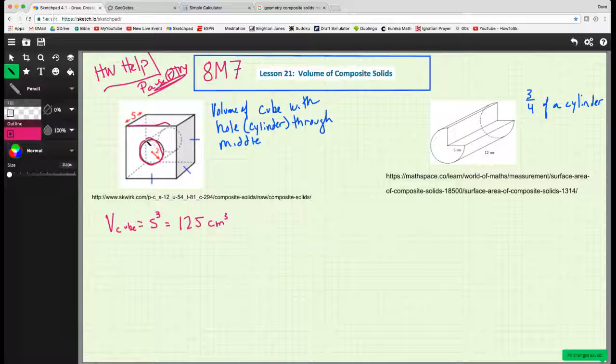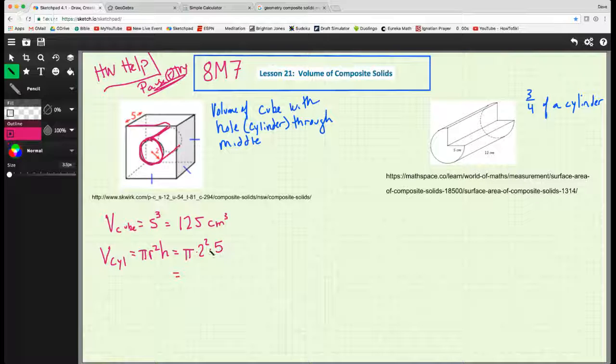And what is the height? The volume of the cylinder is equal to the base times the height, pi r squared h. So this is our base, this circle, and our height is this length. So that's equal to pi times 2 squared, and then our h is 5.